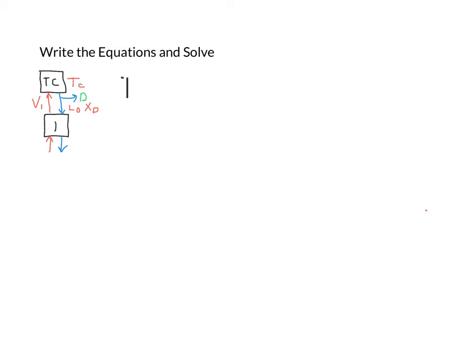We have our total mole balance, and that is V1, the stream that comes into the condenser, is equal to L0 plus D. We have our bubble point equation.